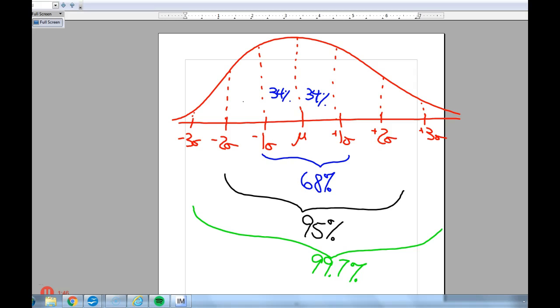So if you divide 27 by 2, you're going to get 13.5% in both of those. So try that with the next. See if you can apply that same thought process to the next two sections on either side.